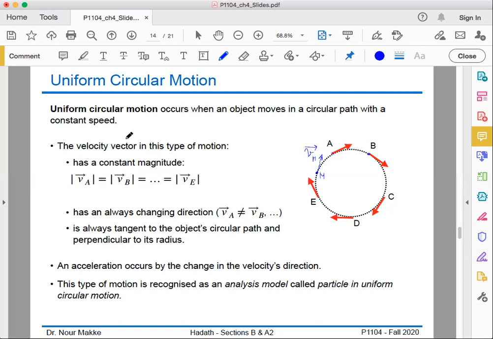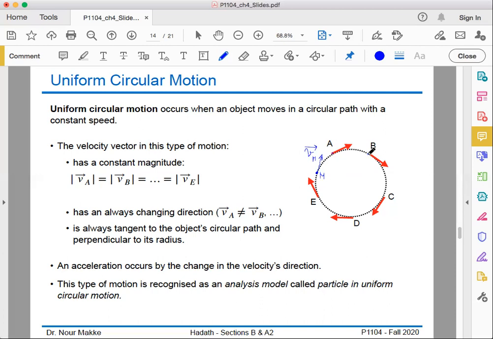So if you take any two points along this trajectory, you will have two different velocity vectors, in the sense that these two vectors don't have the same direction. Another point is that this velocity vector is all the time tangent to the object's path, and it's perpendicular to its radius.